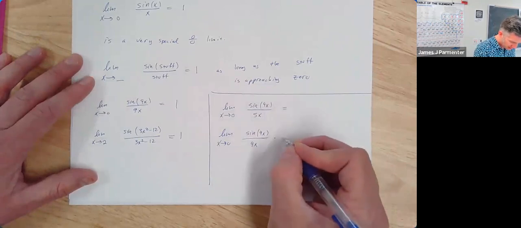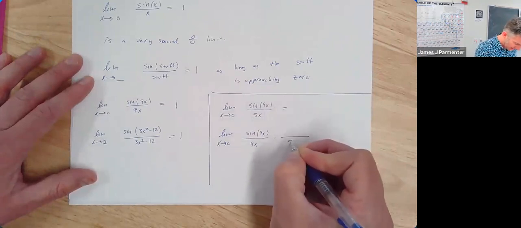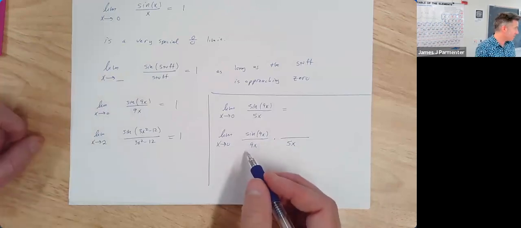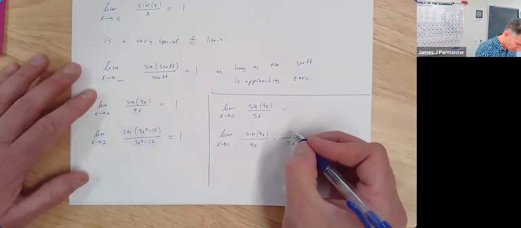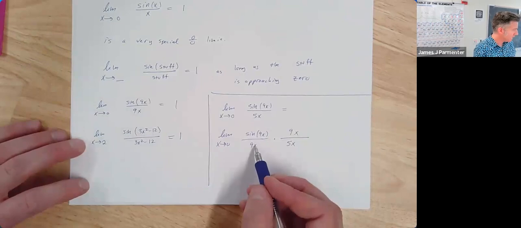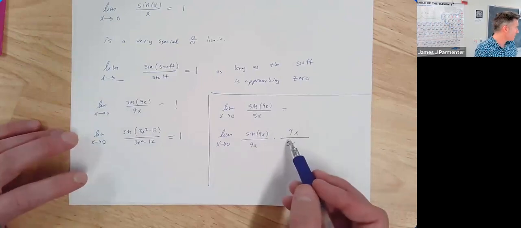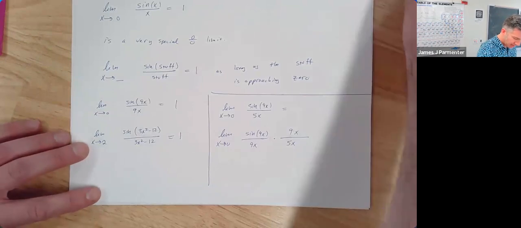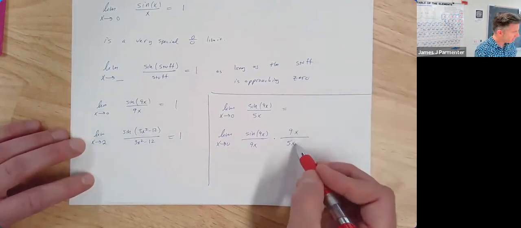Because I still really had a 5x in the denominator. And I can't just multiply by 9x in the bottom without also multiplying by 9x in the top. That's the way I like to do it. I like to say, well, I want this, and then I need all this for it to still be equal and to be looking right. But then x over x cancels.